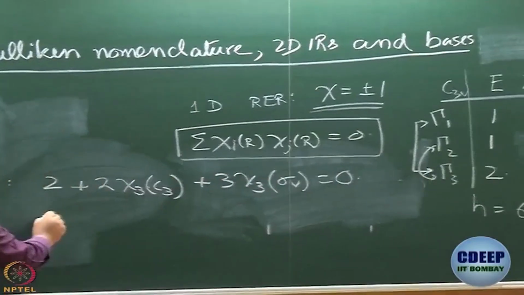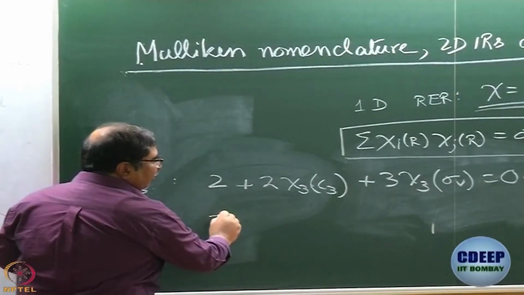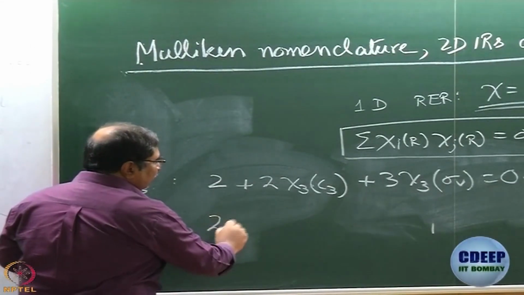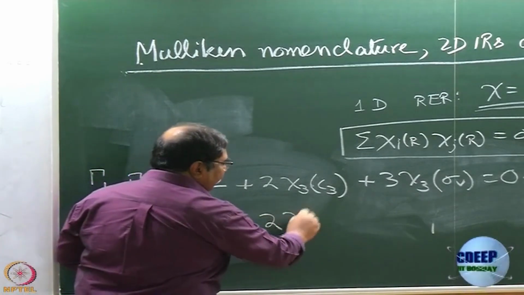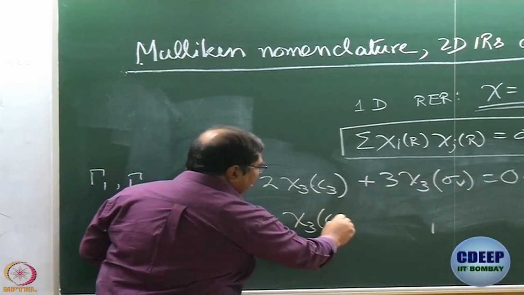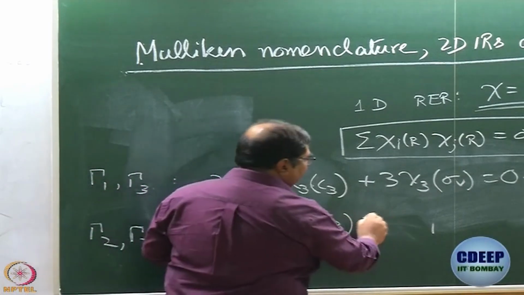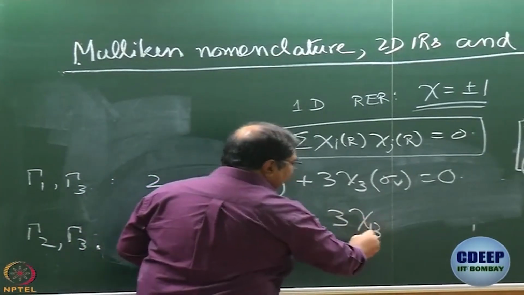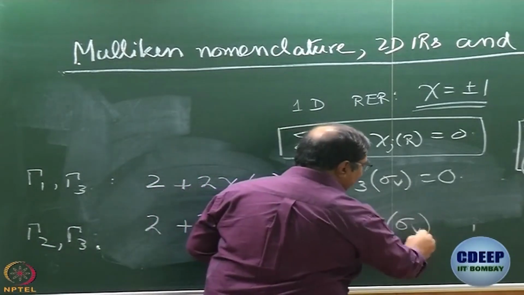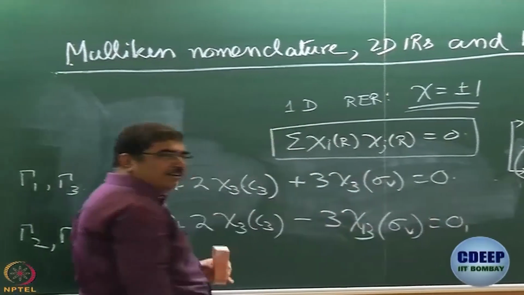Yeah, help me. 1 into 2 plus 2 into chi3 C3, then minus 3 into chi3 of sigma V equal to 0. Excellent.